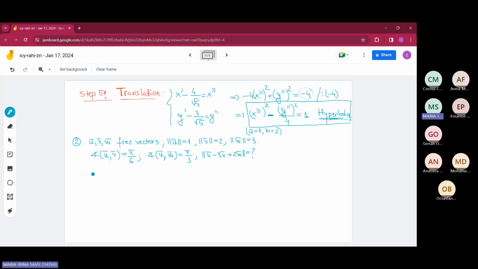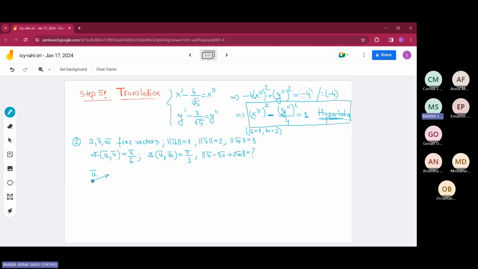So we have three vectors, u, v, and w. We suppose that they have the same origin, otherwise we cannot make this sum. So let's say that u is this one, and the length is 1. No, let's draw a shorter vector. Okay, this is u. v has length 2, and the angle between u and v is pi over 6. Pi over 6 means 30 degrees.